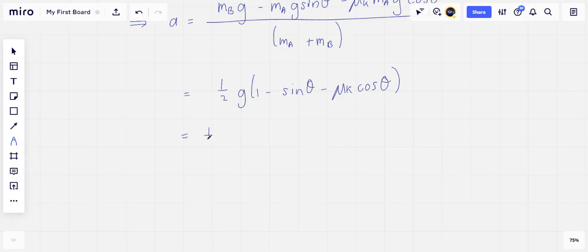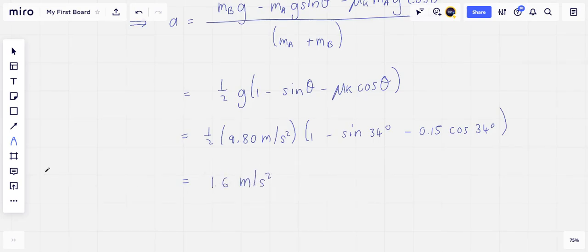And so this is a half times 9.8 meters per square second into 1 minus the sine of 34 degrees minus the coefficient of kinetic friction, which is given as 0.15, times the cosine of 34 degrees, which gives us the acceleration of both blocks to be 1.6 meters per square second.